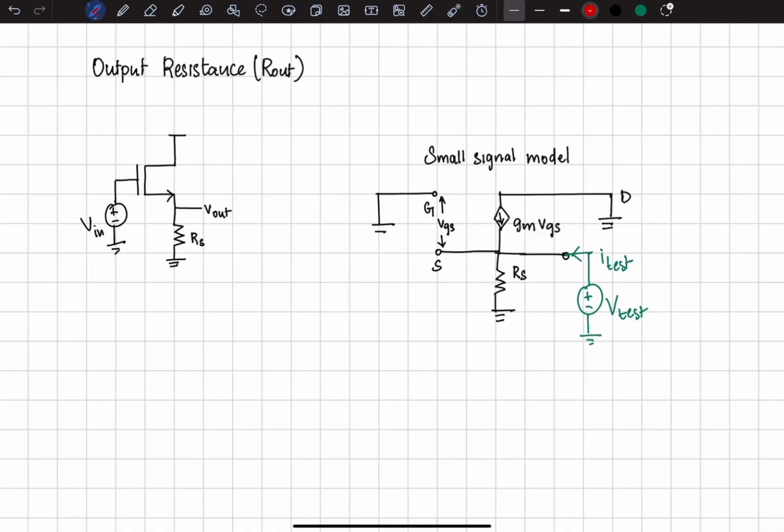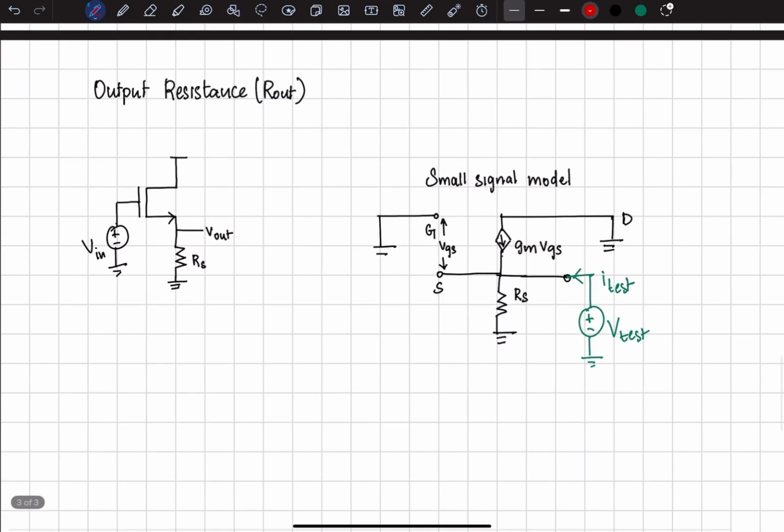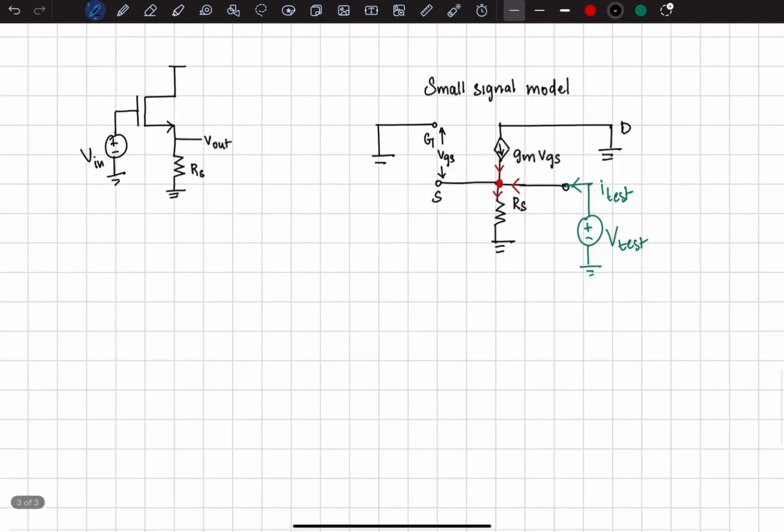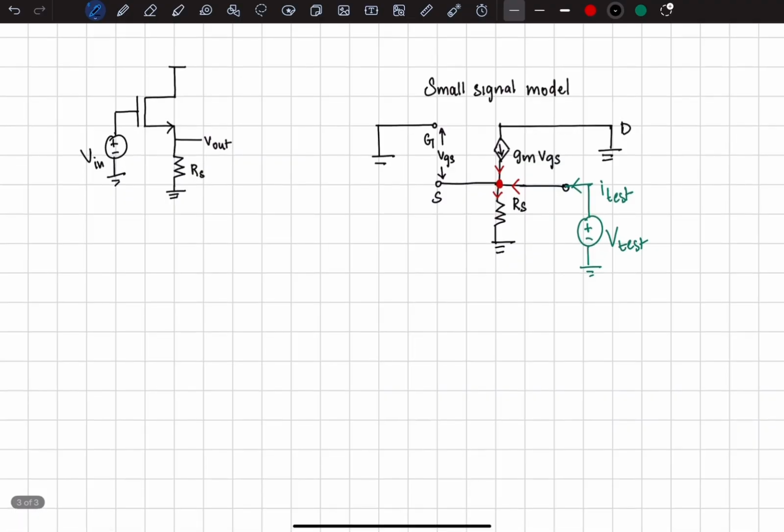Now let's try to perform KCL at this node. So there is a branch over here, current flows like this. So this is how our KCL will look. So let's write the equation for this.